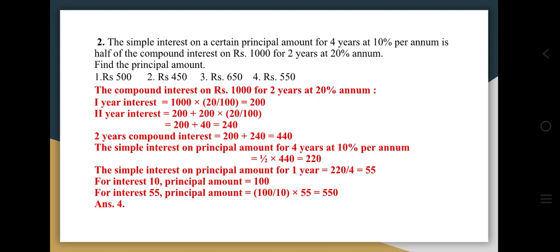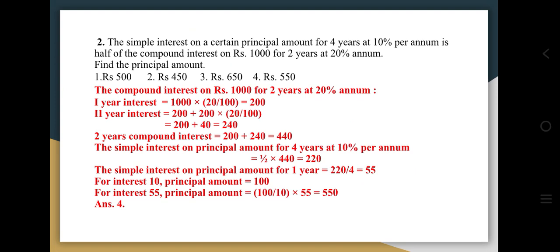Next problem. The simple interest on a certain principal amount for 4 years at 10% per annum is half of the compound interest on rupees 1,000 for 2 years at 20% per annum. Find the principal amount.